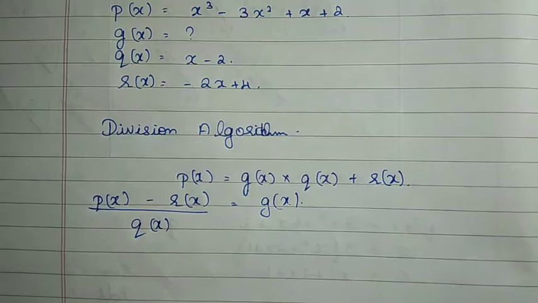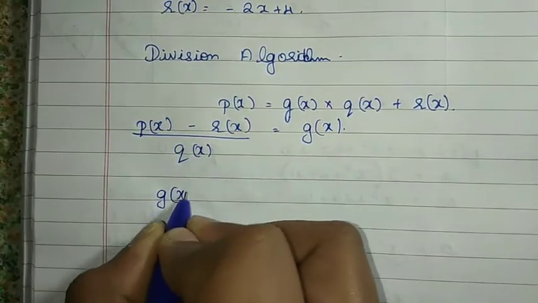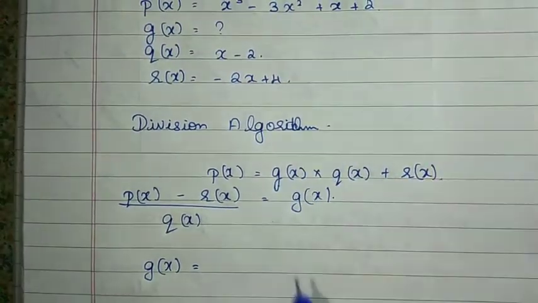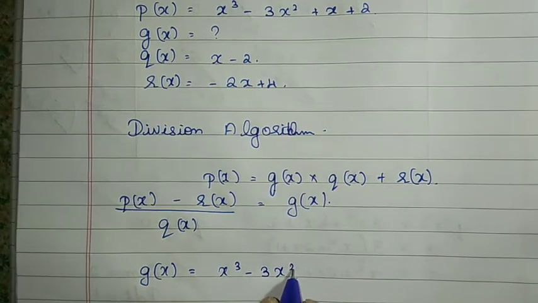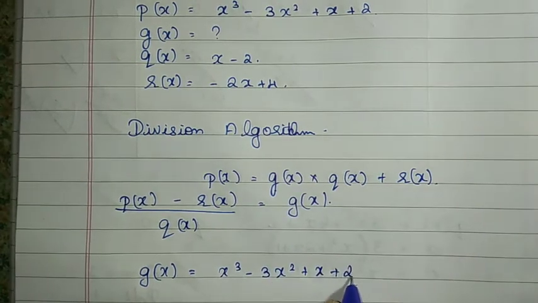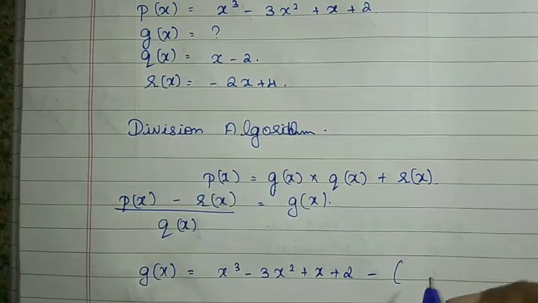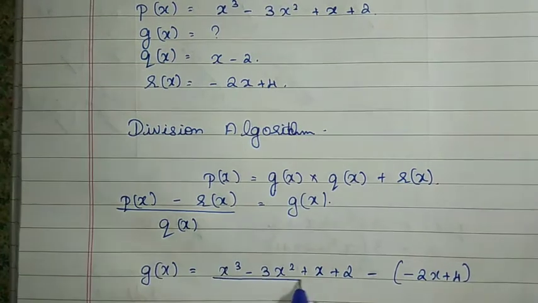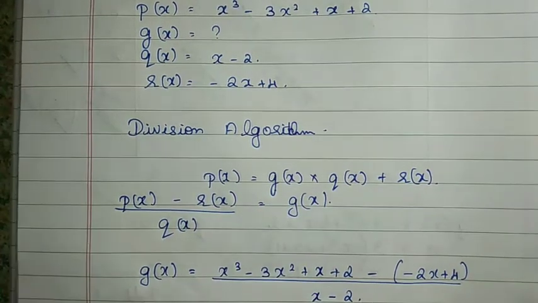isn't it? So therefore, rewriting it, g of x is equal to p of x, which is x cube minus 3x square plus x plus 2, minus r of x, which is minus 2x plus 4, the whole divided by q of x, which is x minus 2.